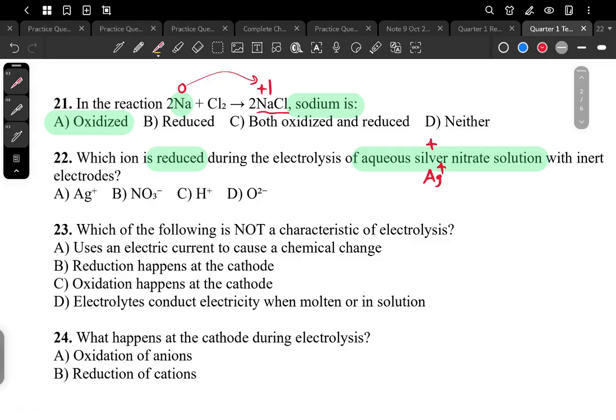The hydrogen ion, H positive, also exists, but in this case silver is going to be reduced because silver is less reactive than hydrogen. So silver will be reduced at the cathode, producing silver atoms.